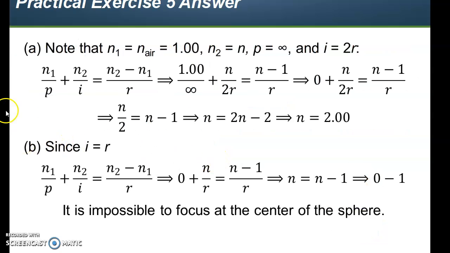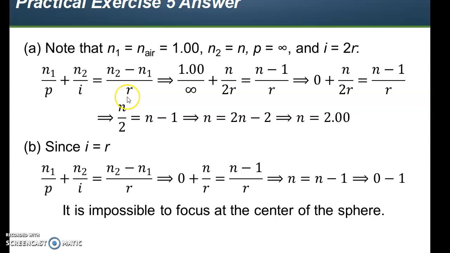So n1 over p plus n2 over i equals n2 minus n1 over r. Here p is infinity, so that term is going to be 0. This is going to be n over 2r. This is n minus 1 over r. So n over 2r equals n minus 1 over r.